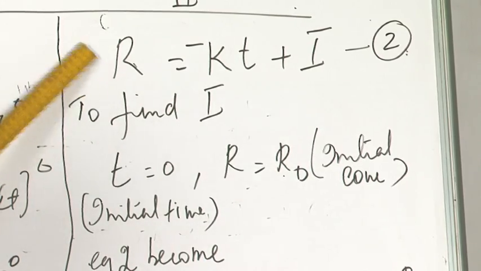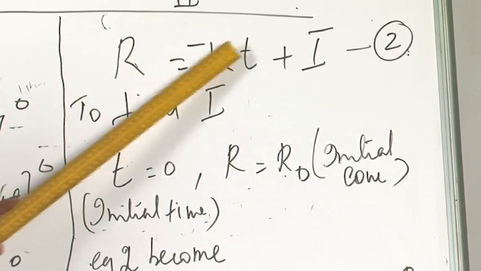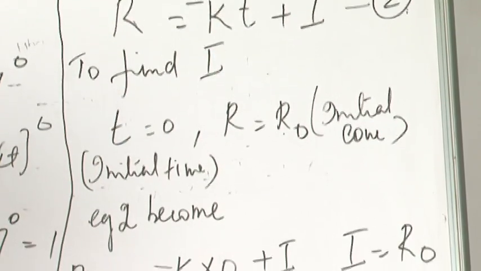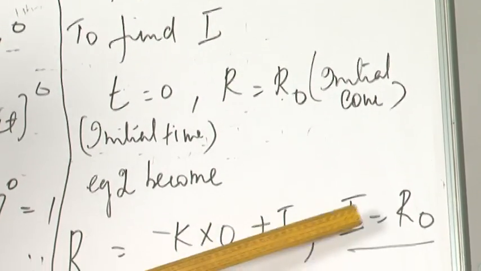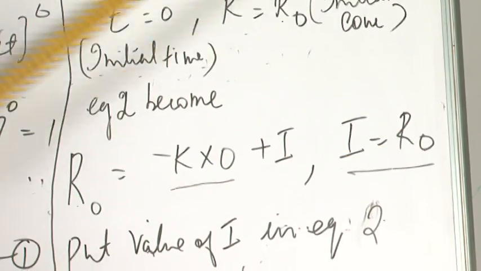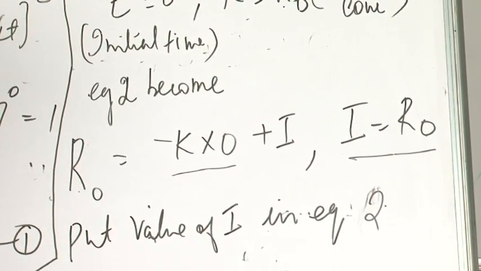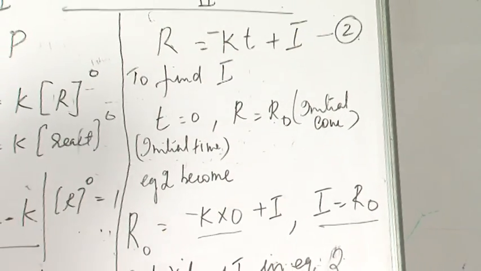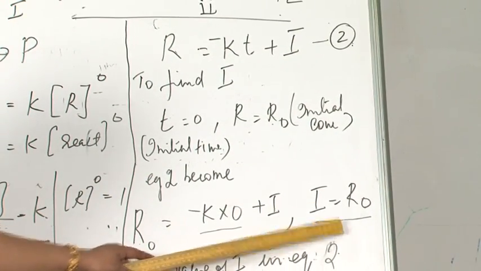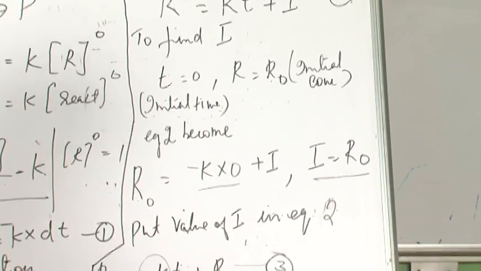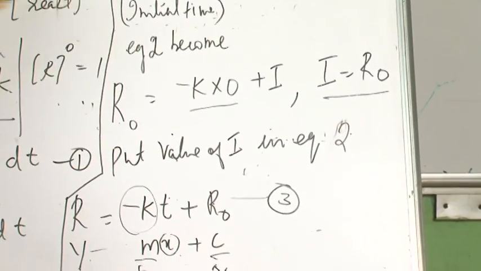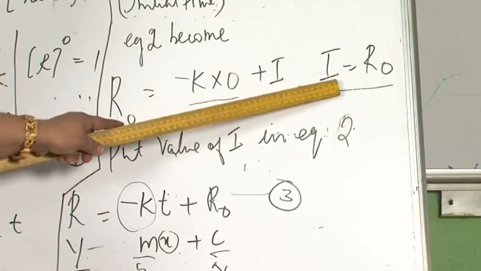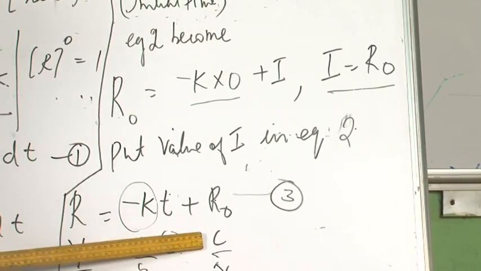So, if I put in this equation, R0 is equal to K into 0 plus I, means I is R0. Got it? Now, I am putting the value of I in this expression, so that I will get R is equal to minus K into T plus R0. Hope you got it.